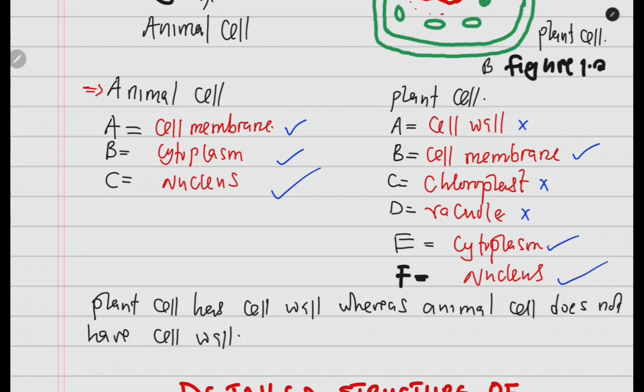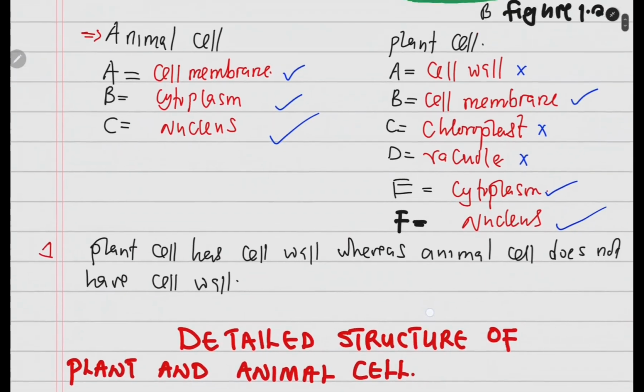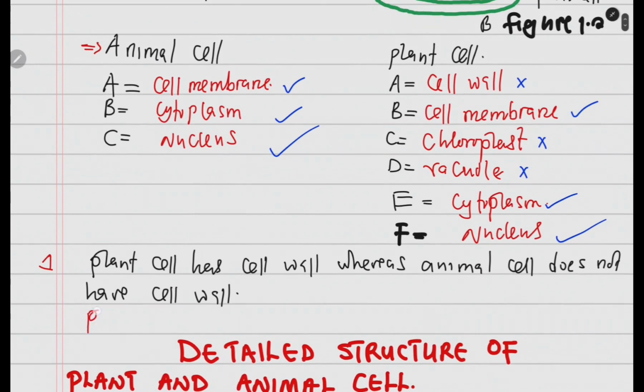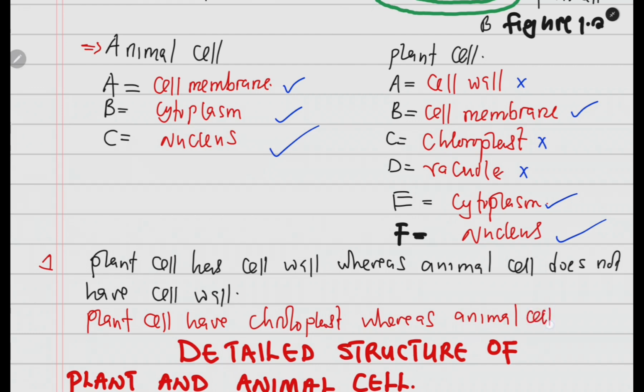I think that is the proper way that you can put the difference between the 2. So that is one. So plant cell has cell wall, whereas animal cell does not have a cell wall. Okay, so another one that you can put, maybe plant cell has a chloroplast, whereas animal cell does not have chloroplast. So that is how you put them.